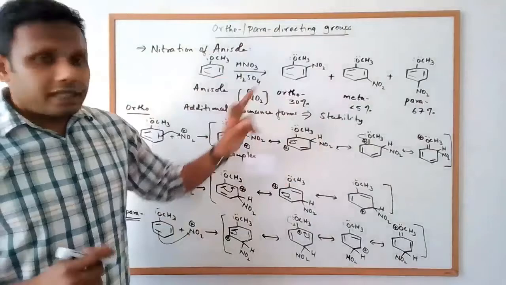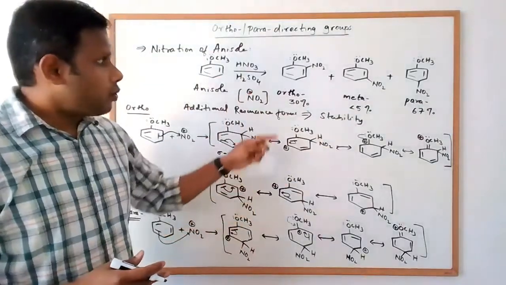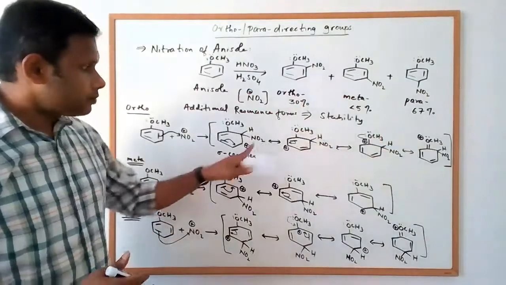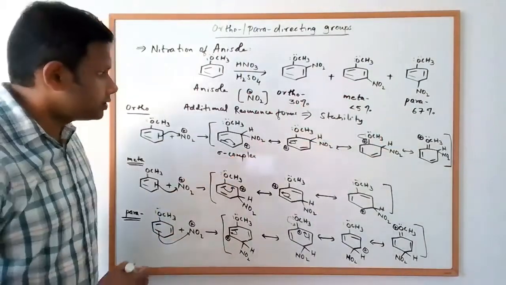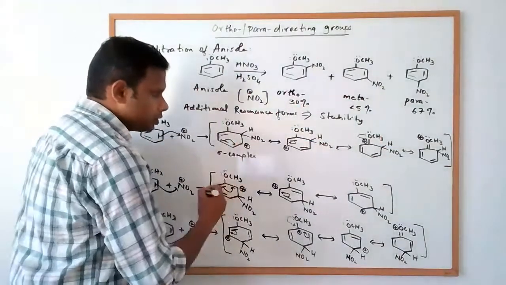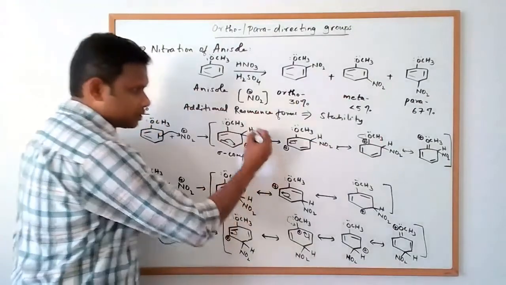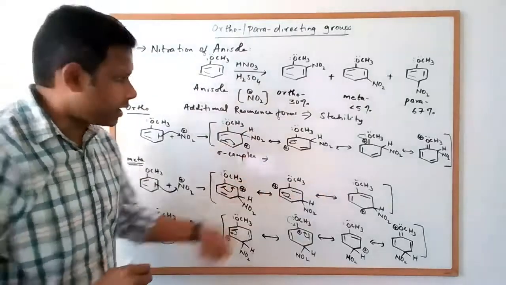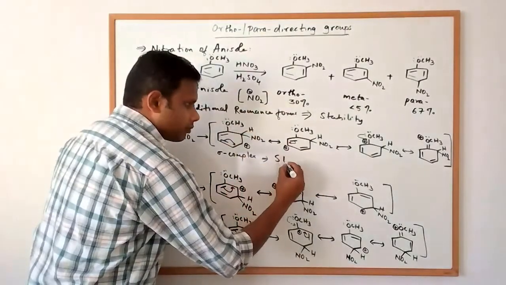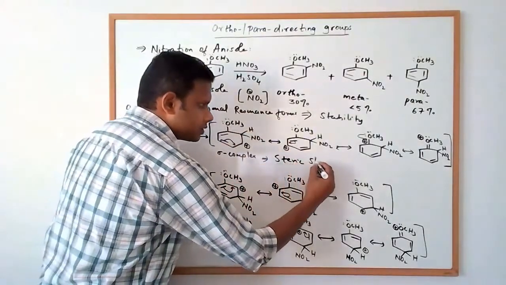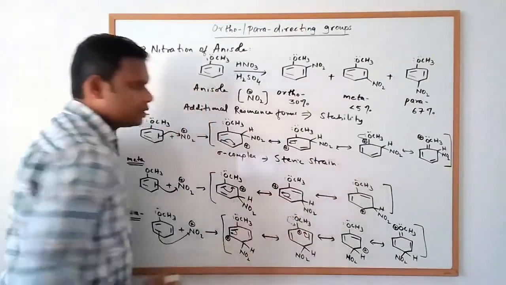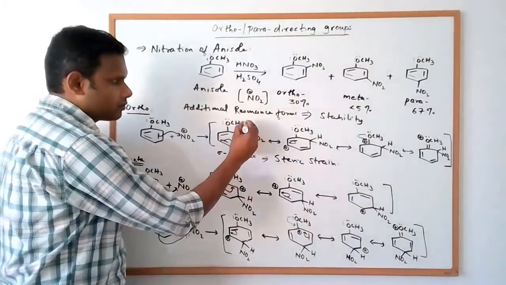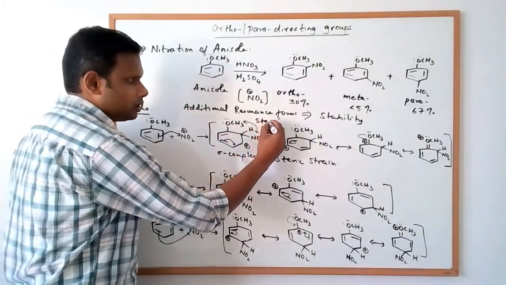Now, the second thing that we want to understand here is, why do we get more para here? And that has to do with a steric concern here. So the sigma complex that's formed here, in case of the ortho attack, this sigma complex has some steric strain associated with it, because you have the methoxy group and you have the nitro group next to each other.